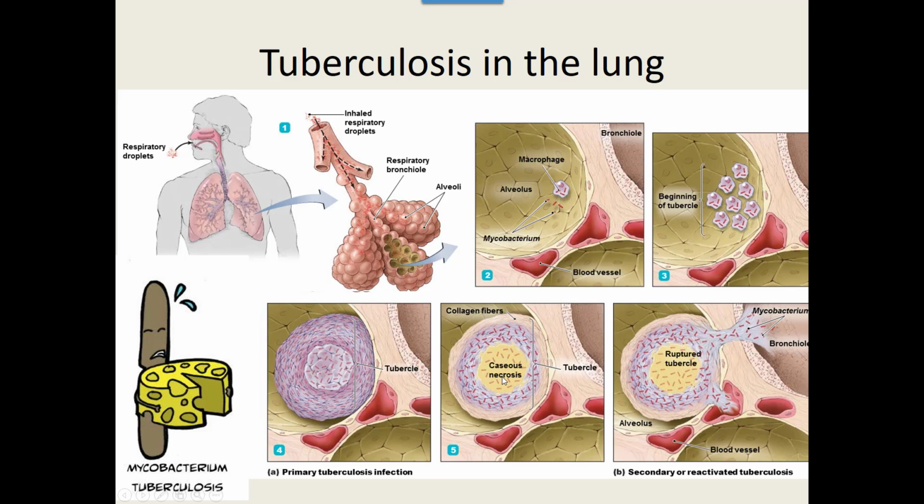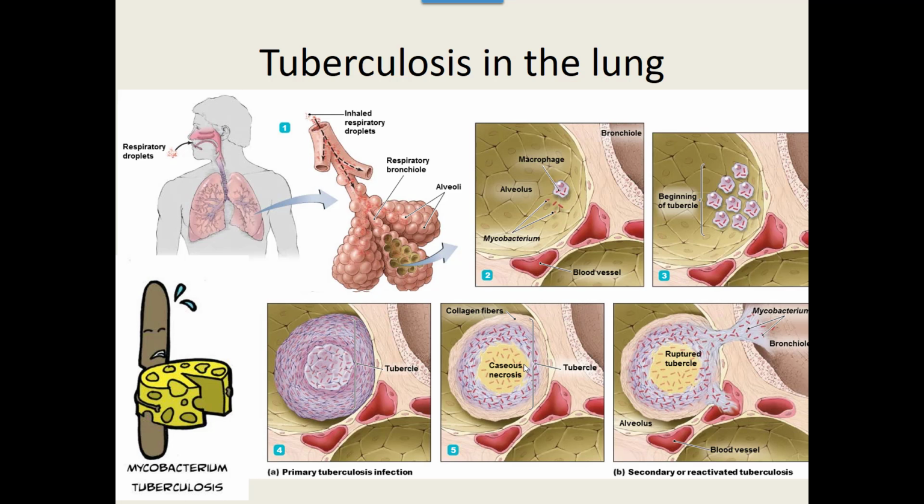Because the death of these cells forms a yellowish look, it kind of looks like Swiss cheese, which is why this particular organism is holding some Swiss cheese. The actual tubercle, as it starts to break down, kind of has that consistency. Well, this is primary tuberculosis. We've got all these infected cells forming the tubercle, and yes, some of those tubercles can be dying.